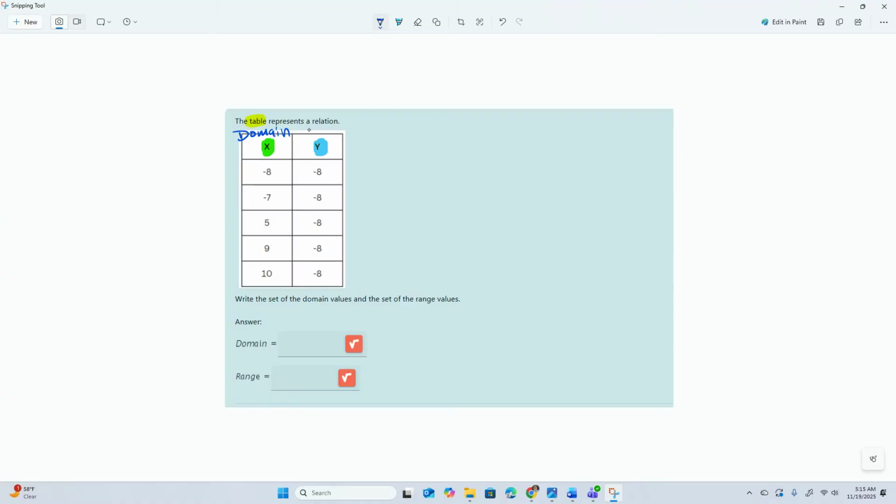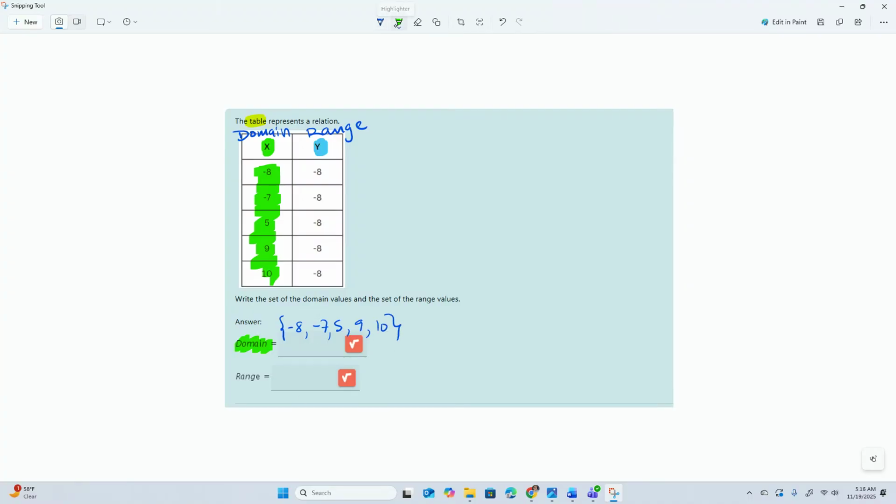Another name for the Y's is range. Okay, so all the numbers in the X column, that will be the domain. So we're gonna list them inside here. So I have -8, -7, 5, 9, and 10. Okay, that's how you write in there.